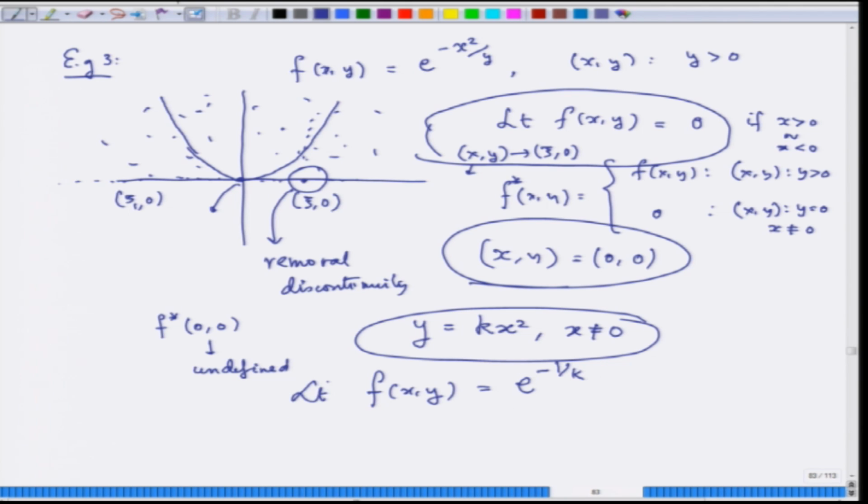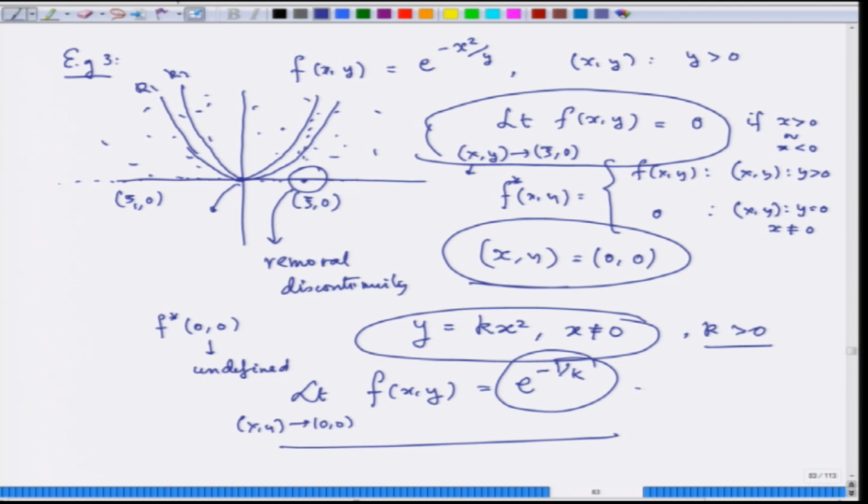If I take the limit as x and y approach (0, 0), y is approaching 0, and I can take k positive for the moment. For every different k, every different path that you take, the limit is different.